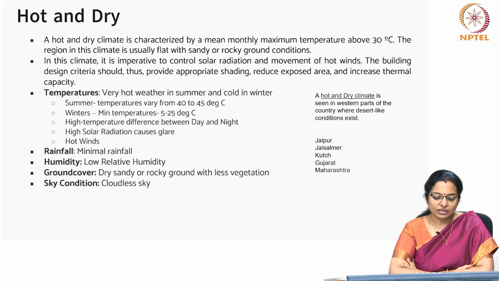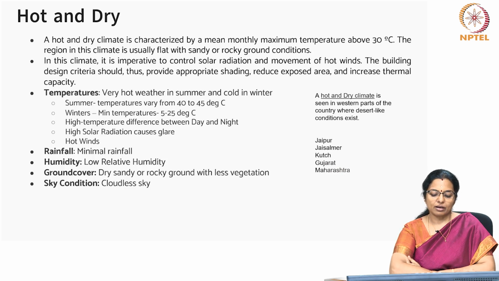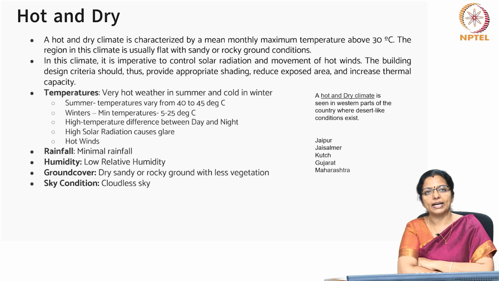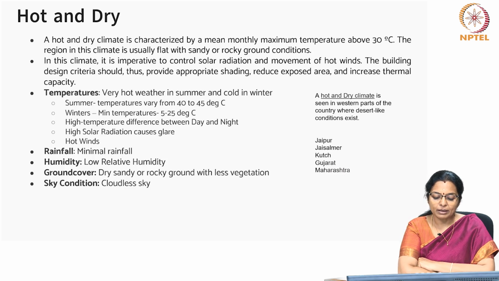The temperature shows that it's very hot weather in summer and cold in winter. Summer temperatures vary from 40 to 45 degrees centigrade. Winters range from minimum temperatures of 5 to 25 degrees centigrade. A high temperature difference between night and day exists.